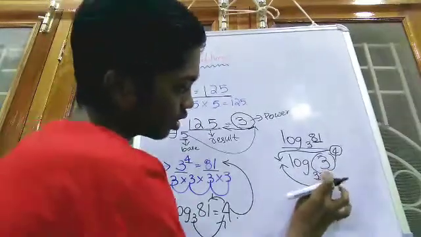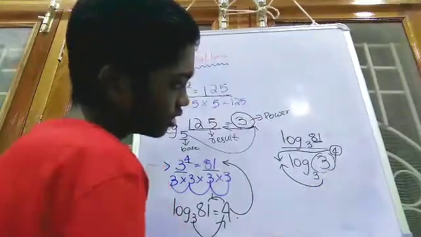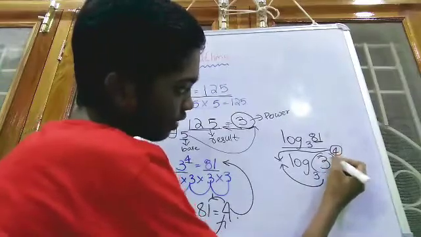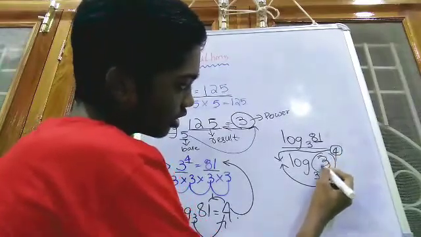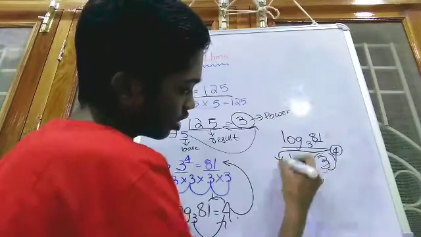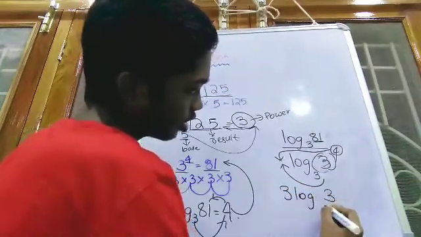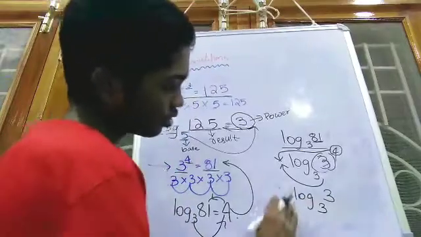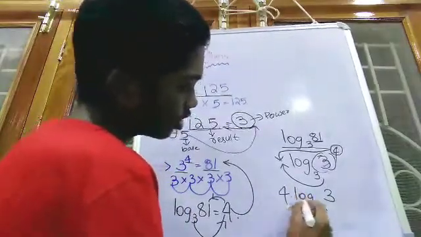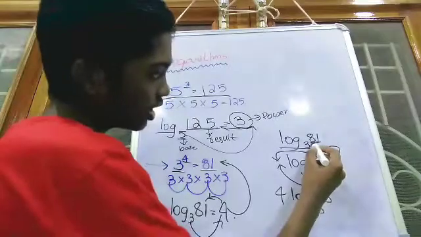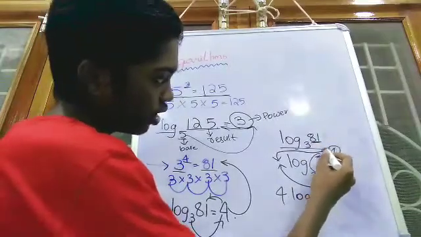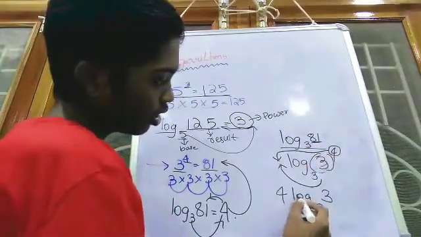But here 3 square is not there. If there is a power on the result, then we can write 4 log 3 to the base 3. Why? Because here 81 can be expressed as 3 power 4 and 4 will come here, 4 log 3 to the base 3.